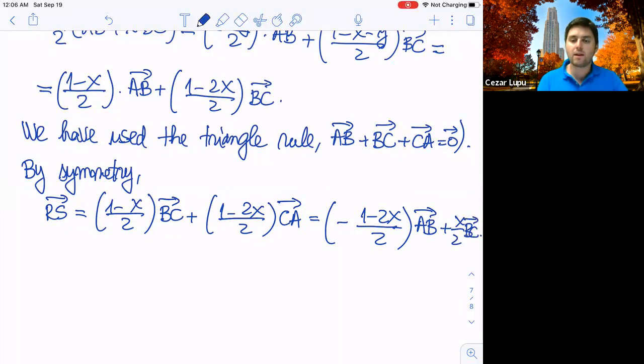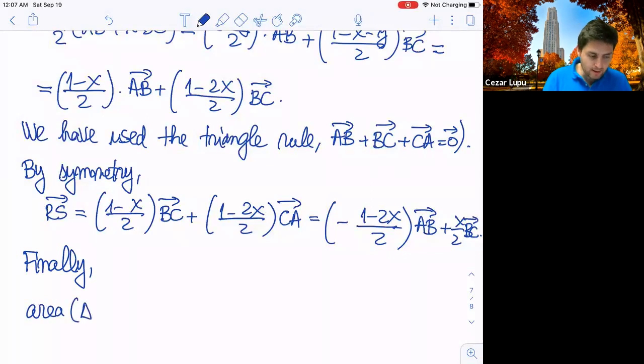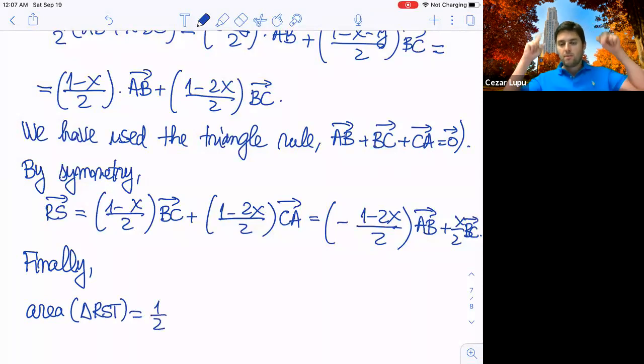And now finally we can use the cross product formula. The area of the triangle RST is nothing else than just 1/2, keep in mind that the magnitude of the cross product of two vectors is the magnitude of the vectors times the sine of the angle between them.